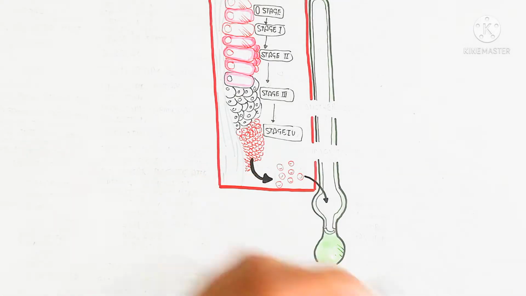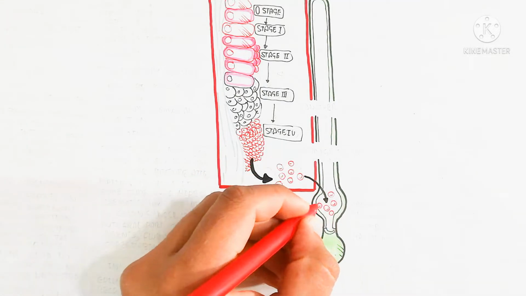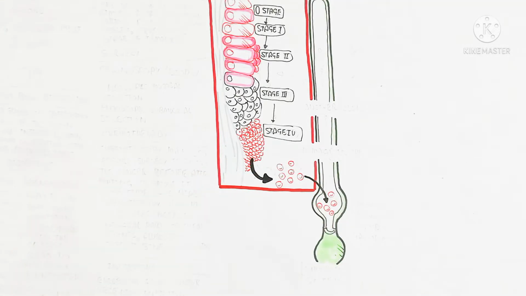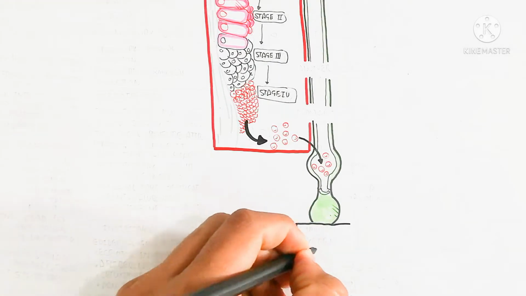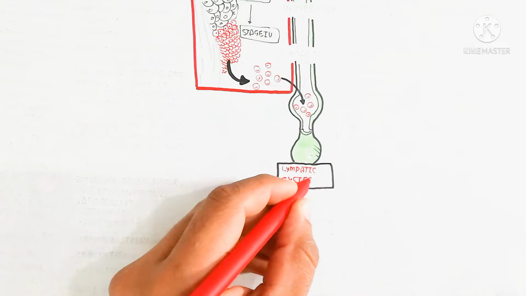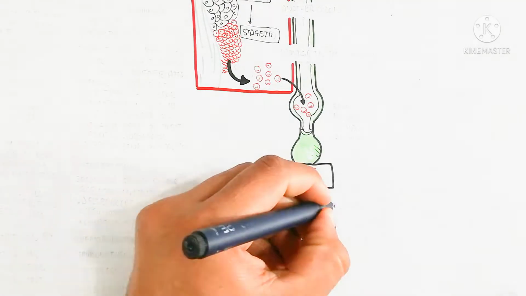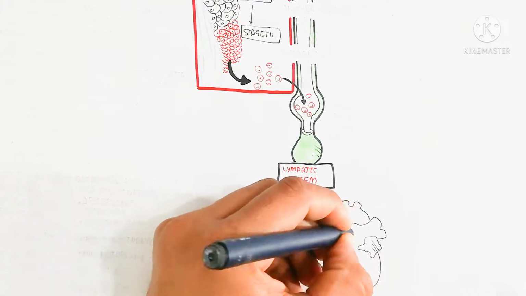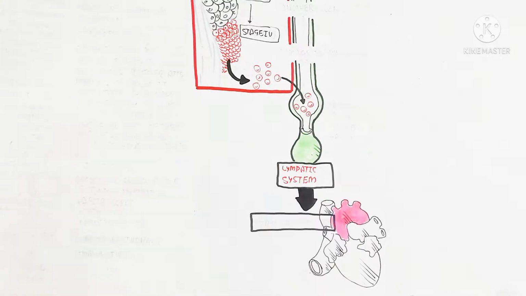Stage 4 is very severe, and in this way it will go into the blood circulatory system and the lymph nodes to attack the immune cells. So first it attacks the immune cells, so immune cell dysfunction will occur, and it will go into the heart and the circulation.